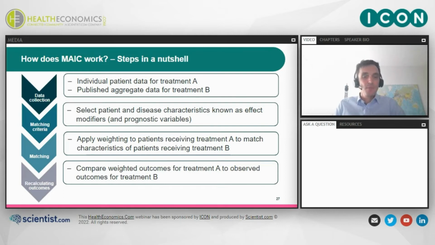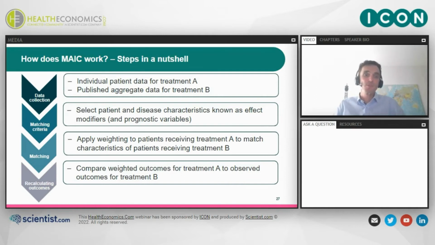After this initial step, the actual MAIC approach can be described through the following 4 steps. Regarding data collection, as I already mentioned, MAICs do need individual patient data for your treatment A, whereas you only need published aggregate data for treatment B. In terms of the matching criteria, it is typically recommended to select patient and disease characteristics that are known as effect modifiers and/or prognostic variables.